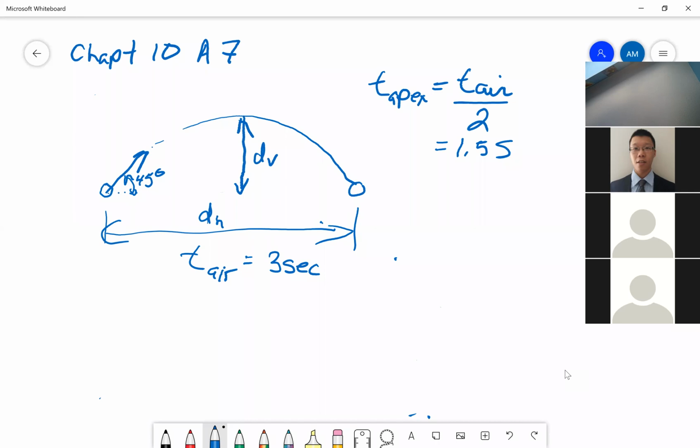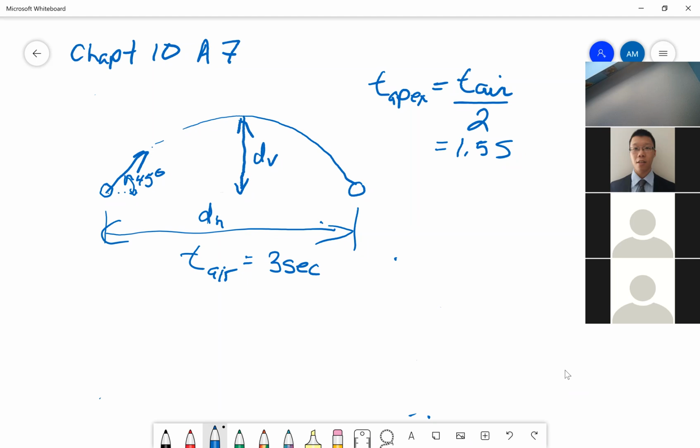Now, if we go back to our good old equations on page 323, we're talking about the vertical component of projectile motion with V2 equals 0, which is what this is.